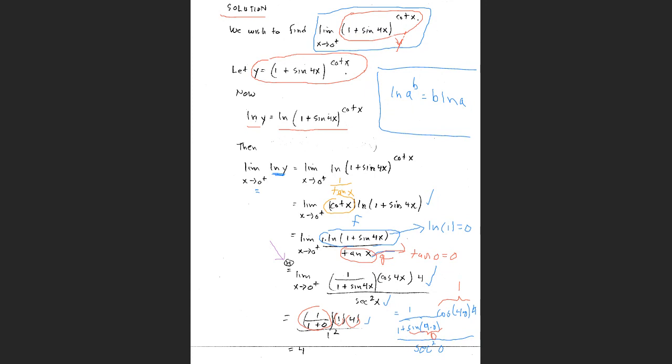Now for the denominator, the secant squared of 0 is equal to 1 over cosine squared of 0. That's 1 over the cosine of 0 squared, which is 1 over 1 squared, and that's going to be 1. So I end up getting 4 as my limit.